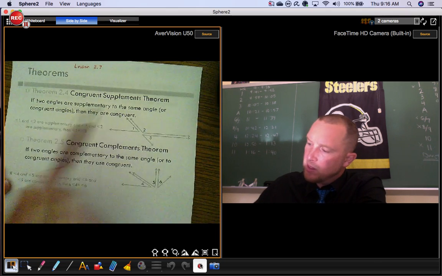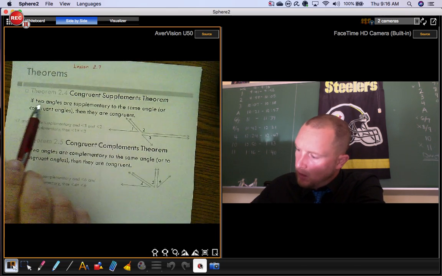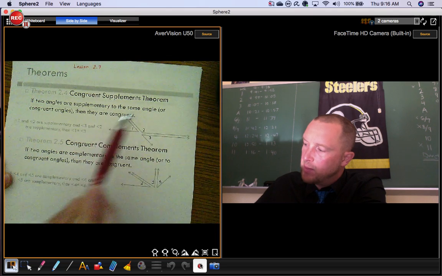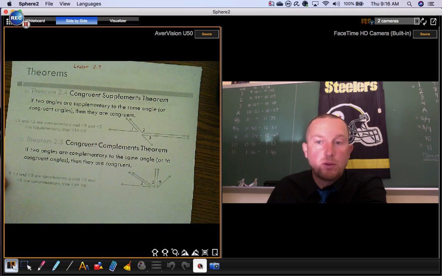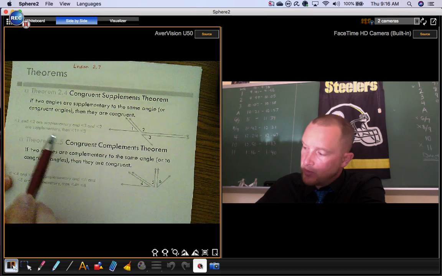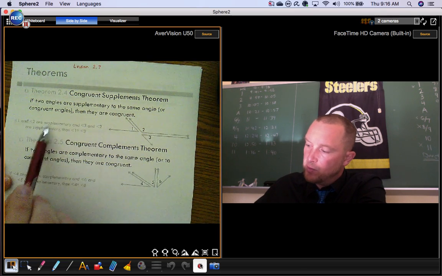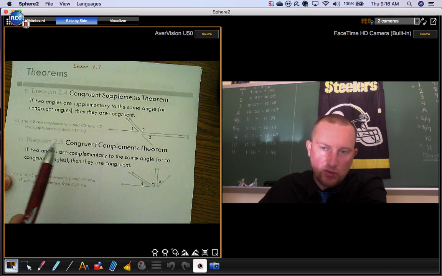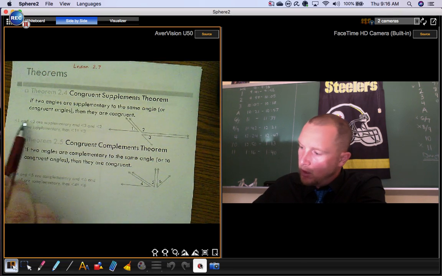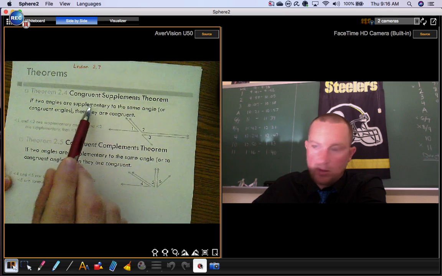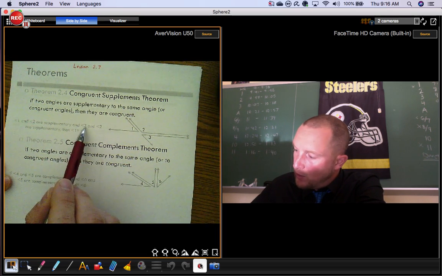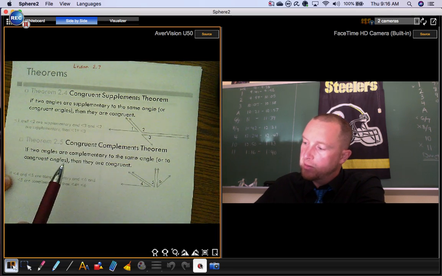The congruent supplements theorem says this: if two angles are supplementary to the same angle, or congruent angles, then they are congruent. Here's a diagram, and this is the theorem restated using specific angles from this diagram. Angle 1 and angle 2 are supplementary, and angle 3 and angle 2 are supplementary.